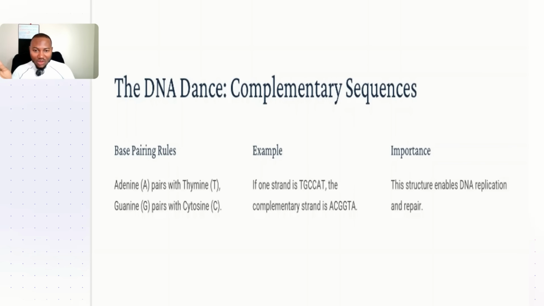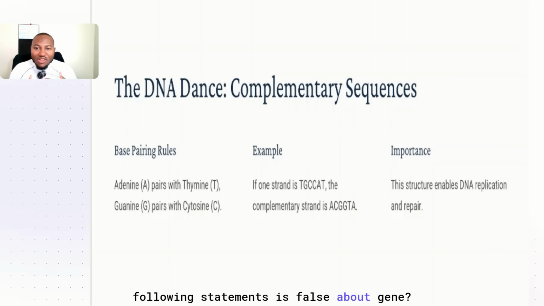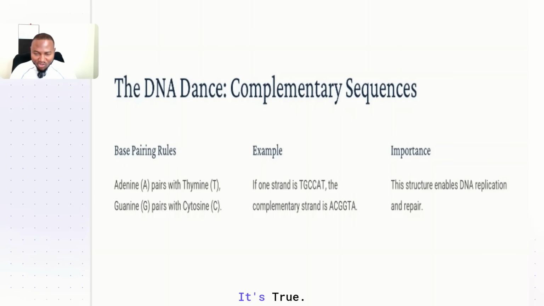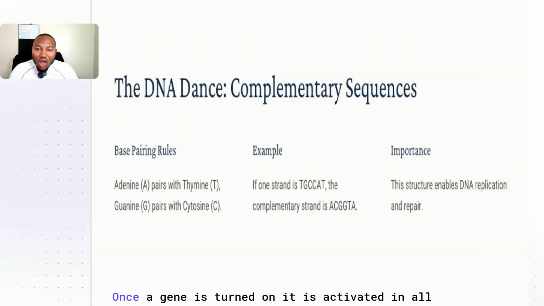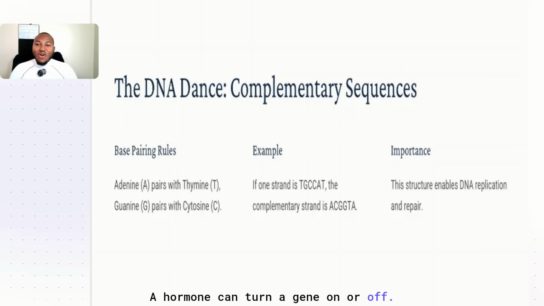Now, there is a question that says, which of the following statements is false about genes? Genes can be turned on or off, their products are needed or not. True. In a given cell, some genes are never turned on. True. Once a gene is turned on, it is activated in all cells. False. A hormone can turn a gene on or off. True.